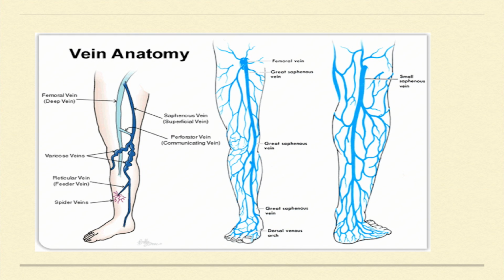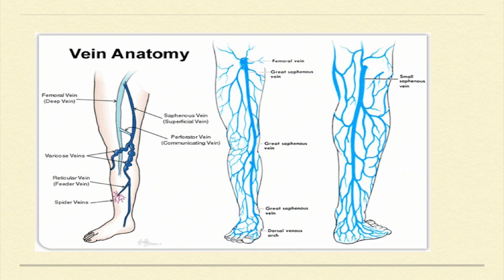Let's look at vein anatomy. Right. You can see the two pictures on the right depict normal superficial and deep veins in the lower extremity. And on the side with the title, vein anatomy, again, you can see a normal vein with the three consequences of venous hypertension.